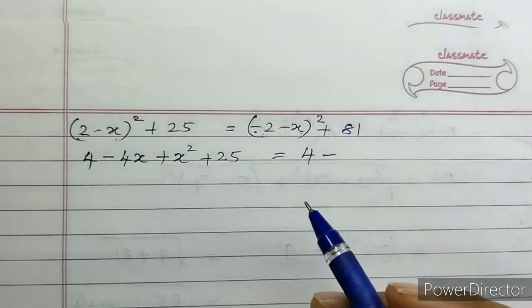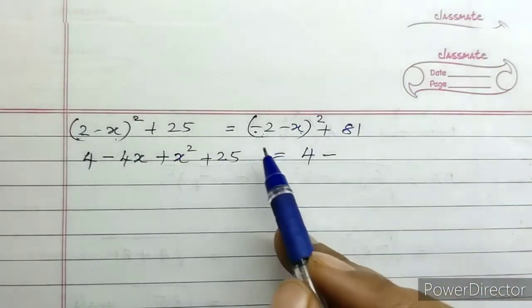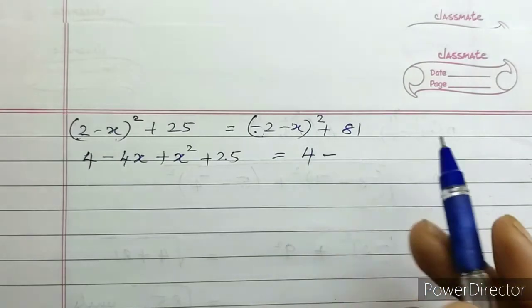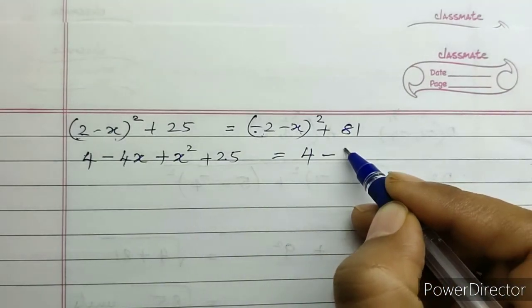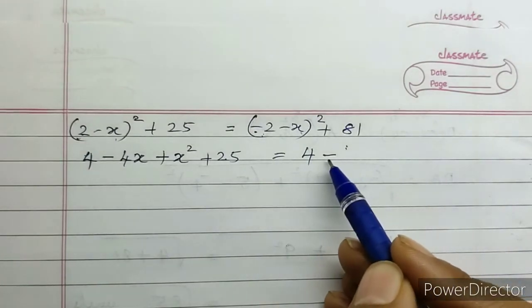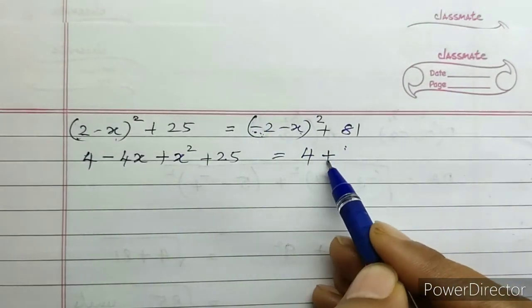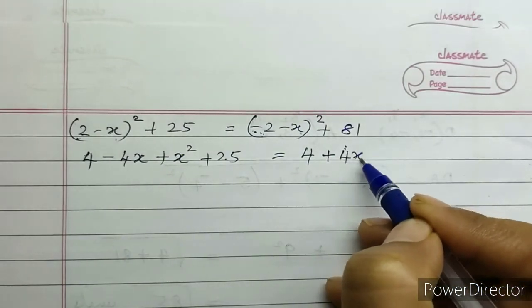So how much will it come? 2 into −2 is 4, 4x. Minus 2ab will come here, but a is negative, so it will come as positive 4x.